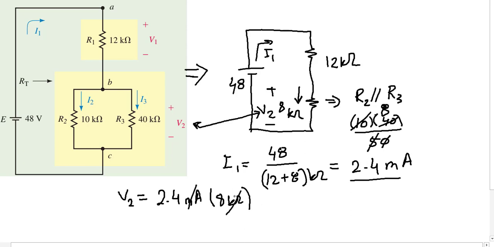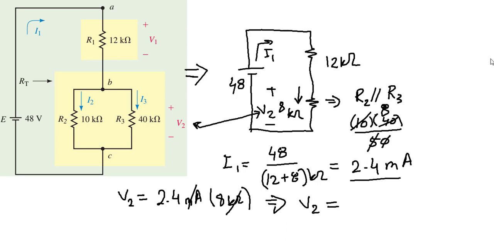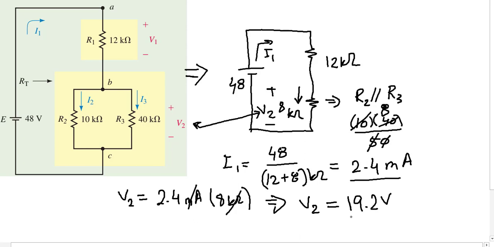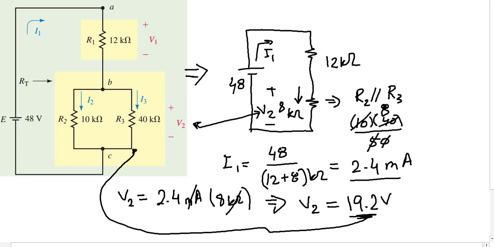Kilos and milli leave, and that leaves us with a voltage V2 equal to 19.2 volts. So we know now this is the voltage across this resistance and across this resistance.